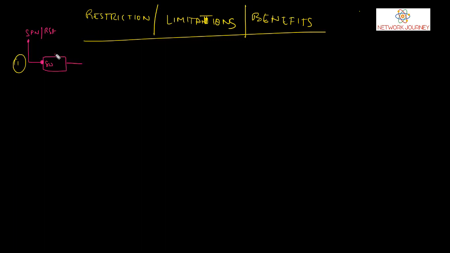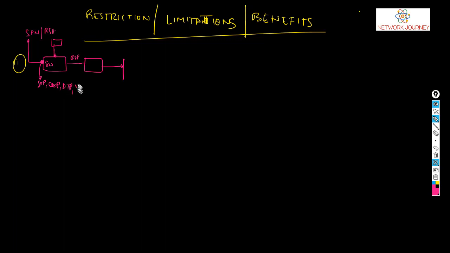So in case of SPAN, it's on the same switch. If it's RSPAN, then it's on a different switch, right? So what I mean by default is, even the default packets, like your STP packets, CDP packets, DTP packets, VTP packets. There are a lot of packets, PAgP packets, the EtherChannel packets, even they get included.